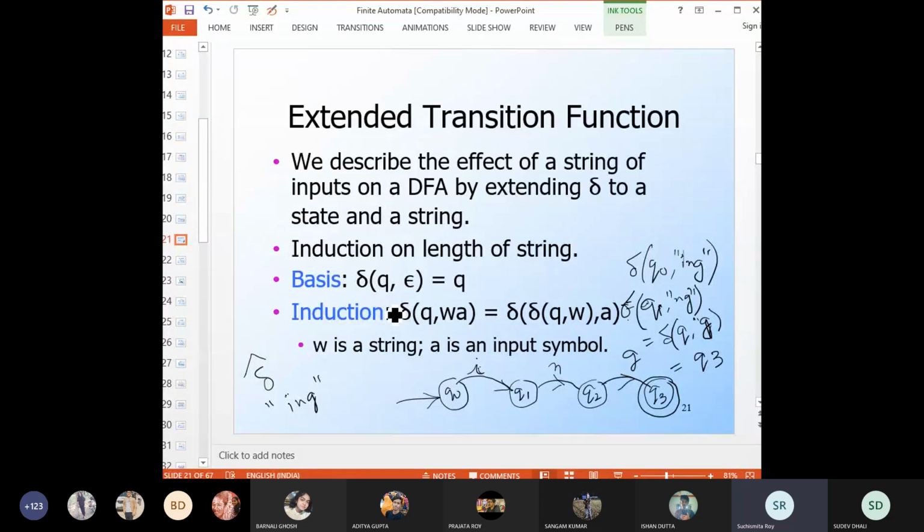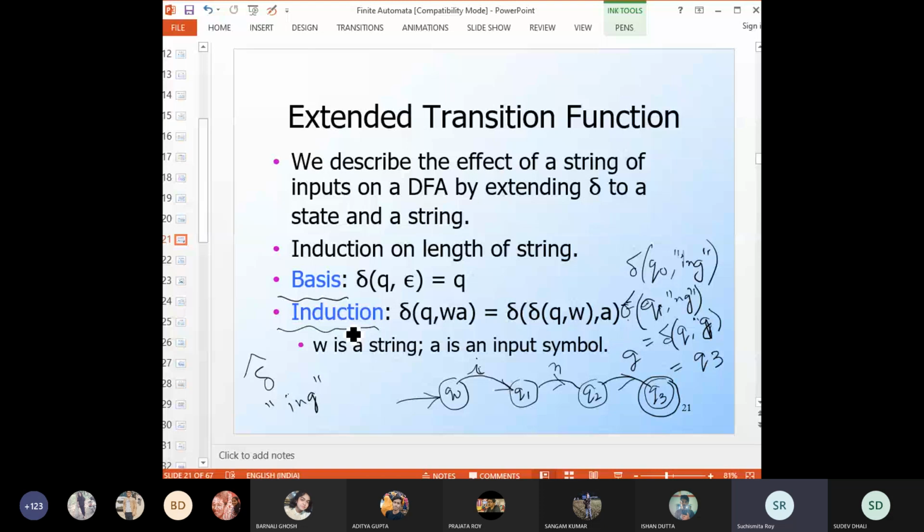Without a recursion stopping criteria, your recursion will go into an infinite loop. That recursion stopping criteria is nothing but your induction basis, and the recursive definition is your induction step. So this is exactly the same thing as proof by induction.